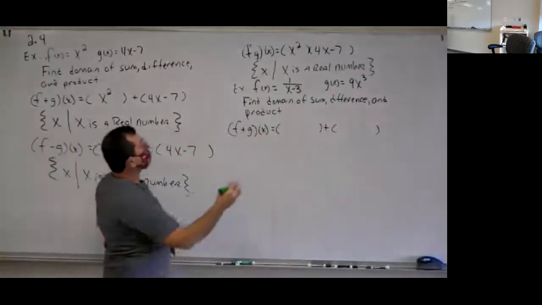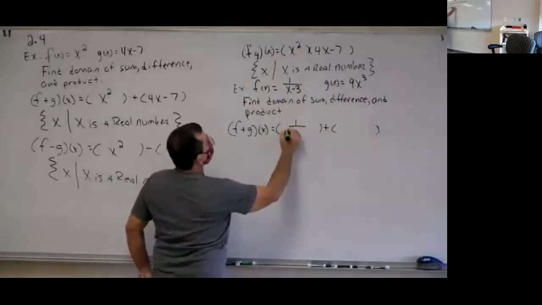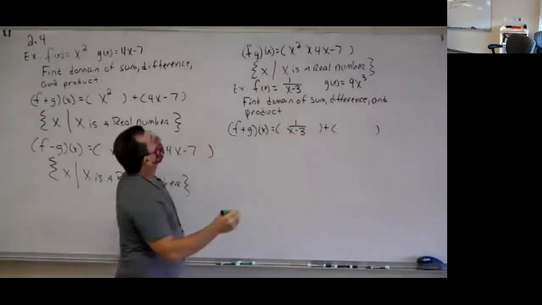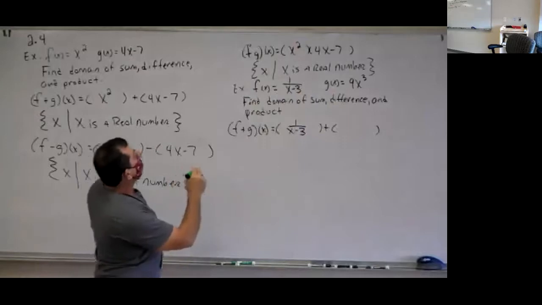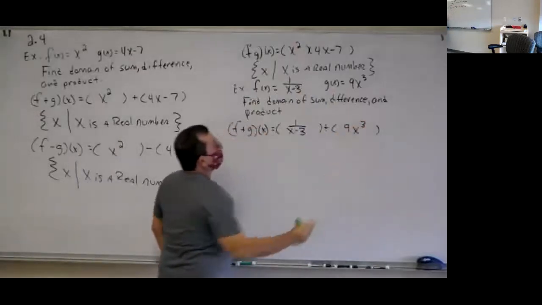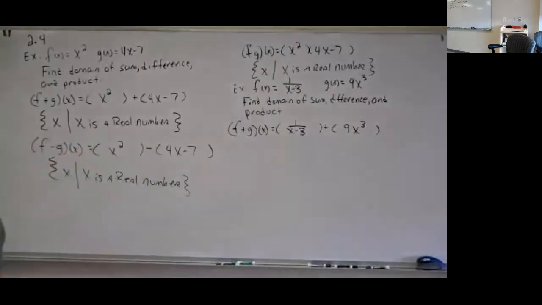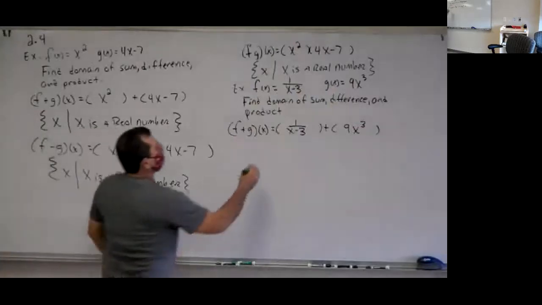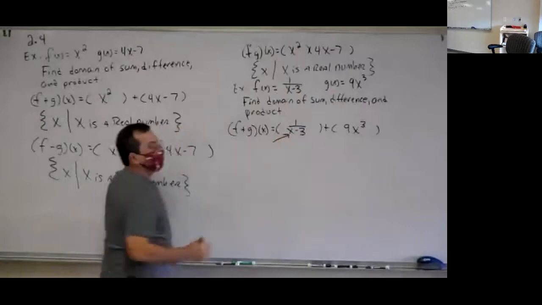So f of x was 1 over x minus 3. And what I have for g of x, 9x to the third. So if I'm chugging in my numbers for my x's, I'm a little worried about this one because I do have a fraction. And the only one that's worrying me is that right there.